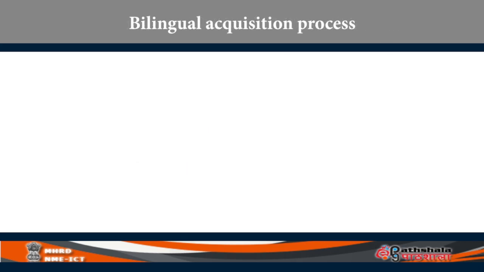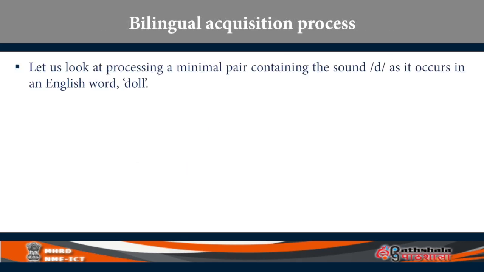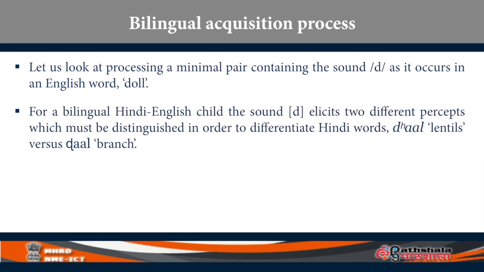So, consider the bilingual language acquisition process involving, let's say, t and d. When a Hindi speaker hears a word like doll, for a bilingual Hindi-English child, the sound da elicits 2 different percepts in the mind.